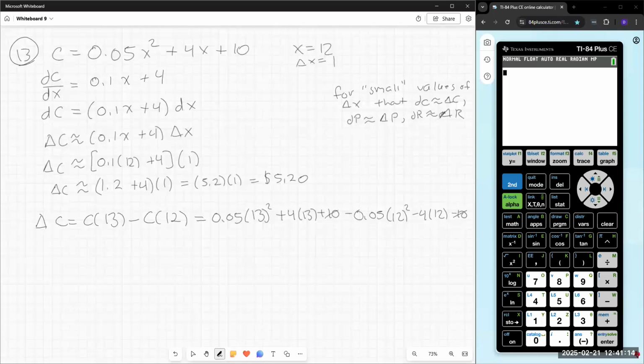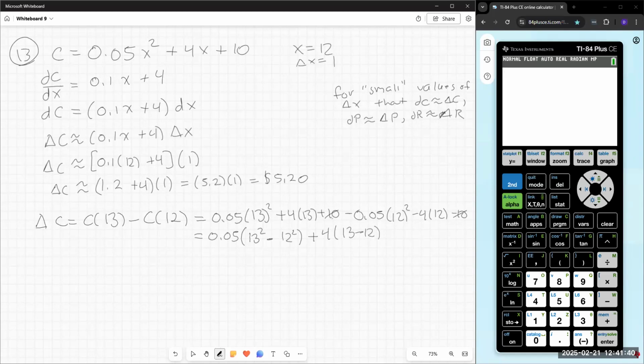And I'm just going to show you all these steps this time, and then I'm going to skip down to this second step moving forward. So I see the 0.05 is common, and that's 13 squared minus 12 squared. And I have plus 4 times 13 minus 12.